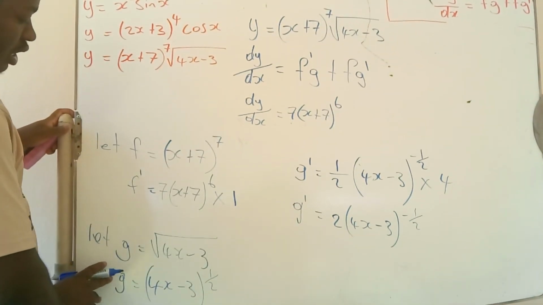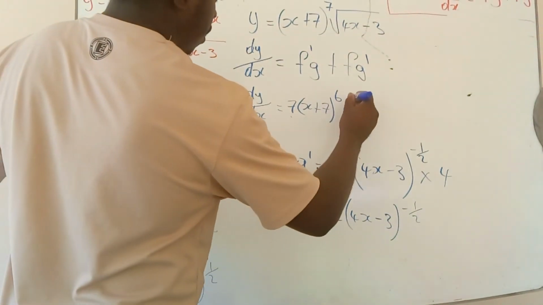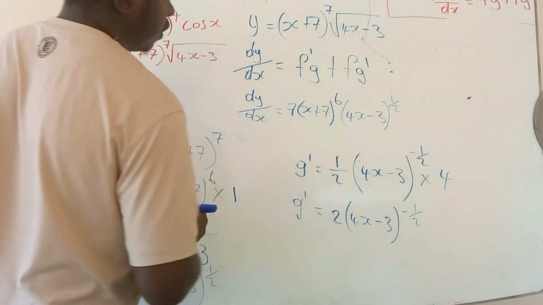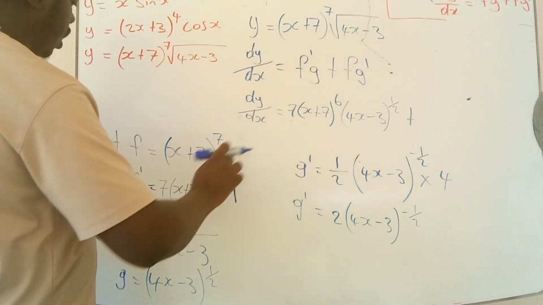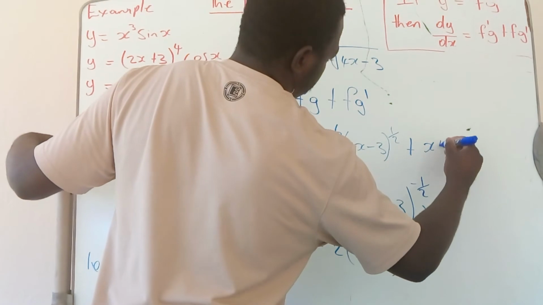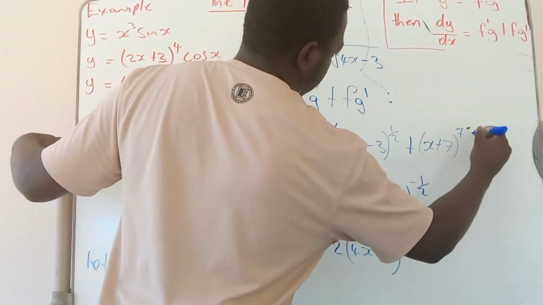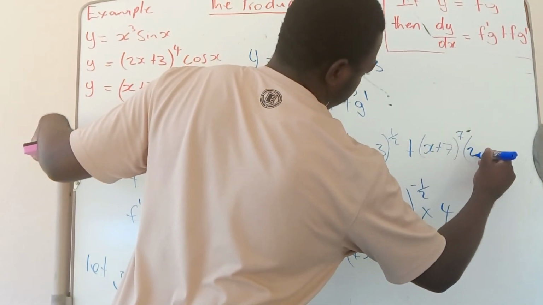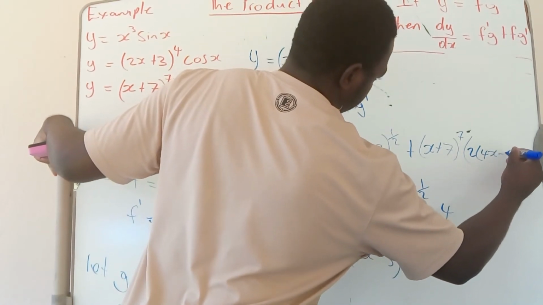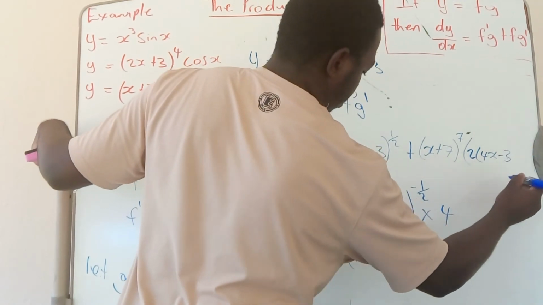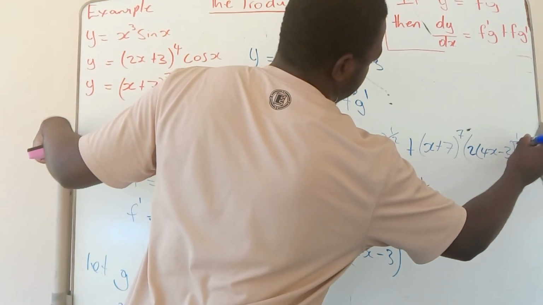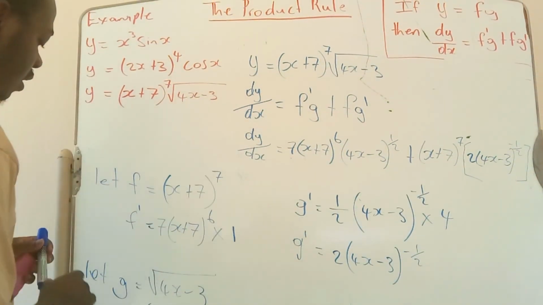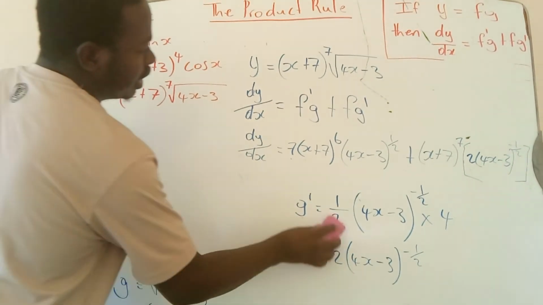That must be multiplied by the g function, and the g function here is (4x - 3), all of that raised to the 1/2, and that must be added to the f function, which is (x + 7) raised to the 7th power, and that must be multiplied by the derivative of the g function, which is 2(4x - 3), all of that raised to the negative 1/2, right? So that's it.